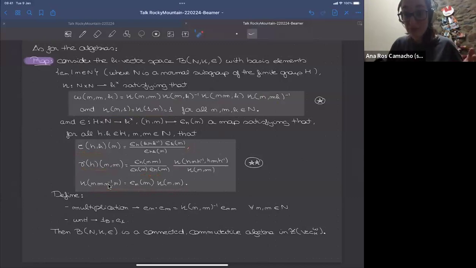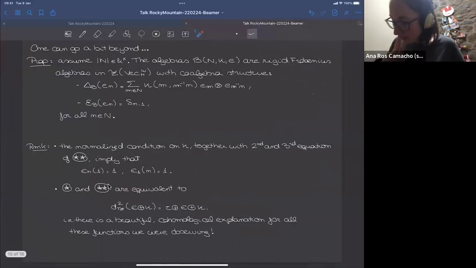And okay, it looked like a really massive salad of cohomological stuff. But actually, it wasn't too bad. Because under some assumption on the order of the normal subgroup, we could prove that these algebras here are rigid Frobenius algebras. And one could describe the coalgebra structure in a very nice way.